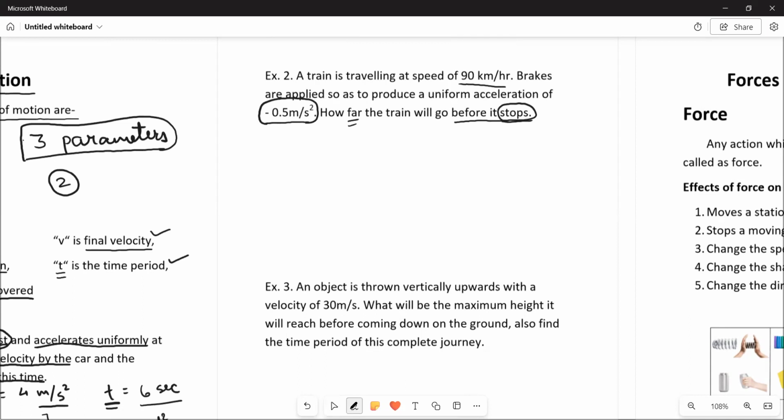So we are given our initial velocity. It is initially traveling with a speed of 90 kilometers per hour. So our u is equal to 90 kilometers per hour, and our acceleration a is equal to minus 0.5 meters per second square.